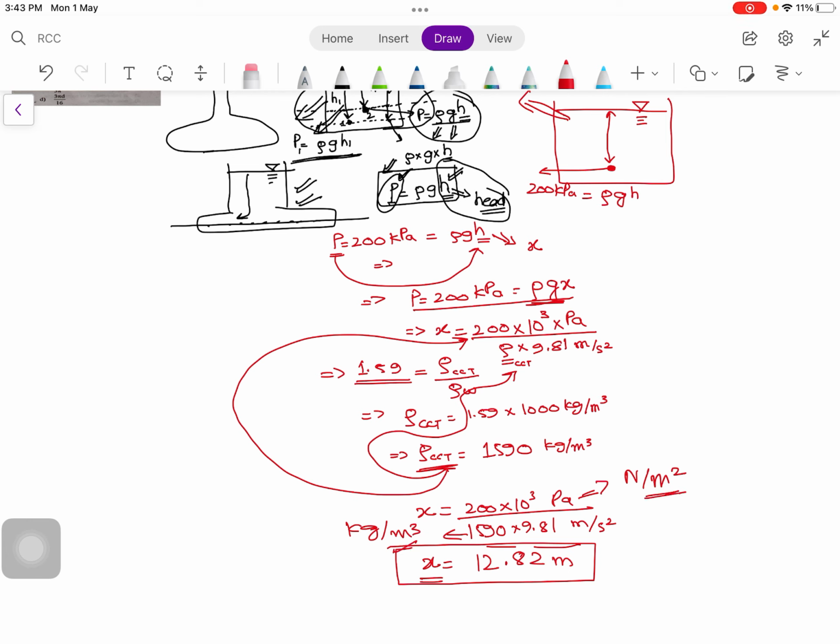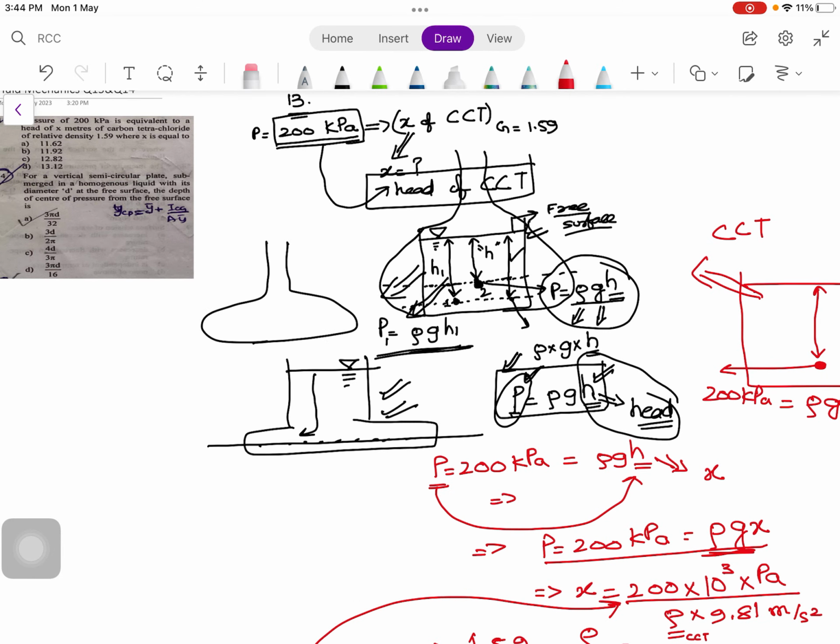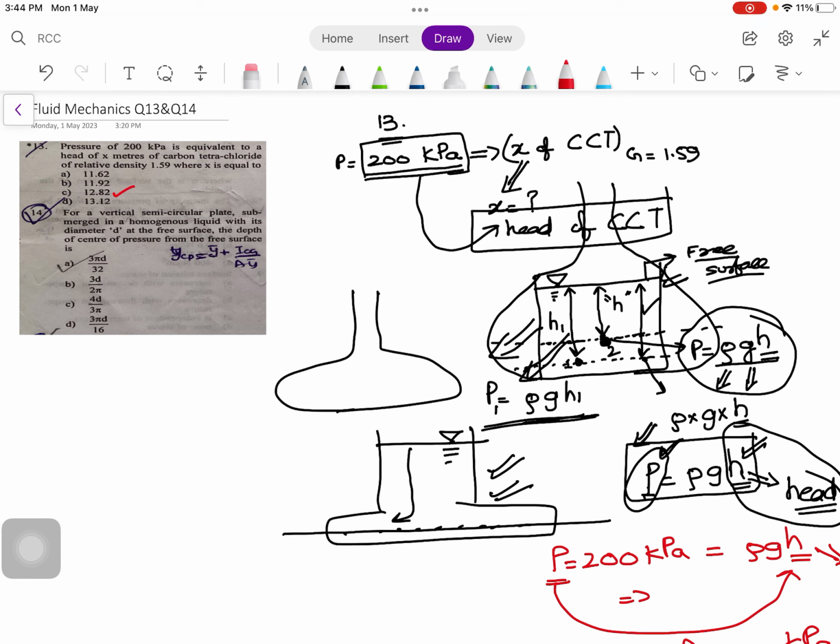So the resulting value of head x is equal to 12.82 meters. So the answer of this question is option C, that is 12.82.